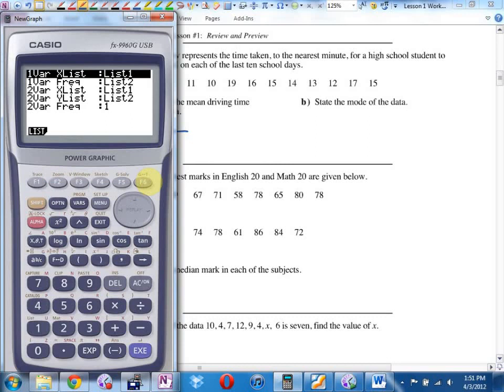Okay. What list did I type the data in? List 1? Is that correct? But did I do a frequency chart? Nope. So go down to where it says frequency. What do I want the frequency to be? 1, which is F1.